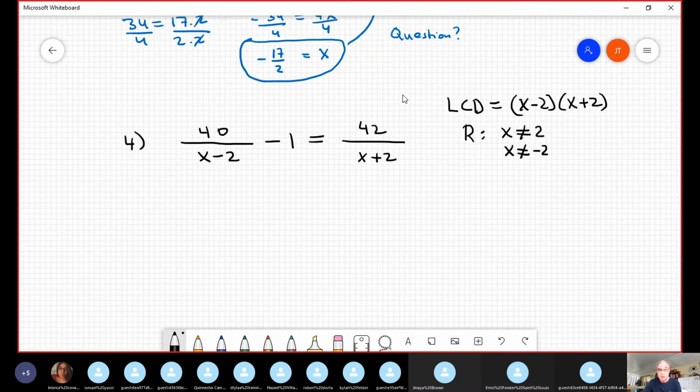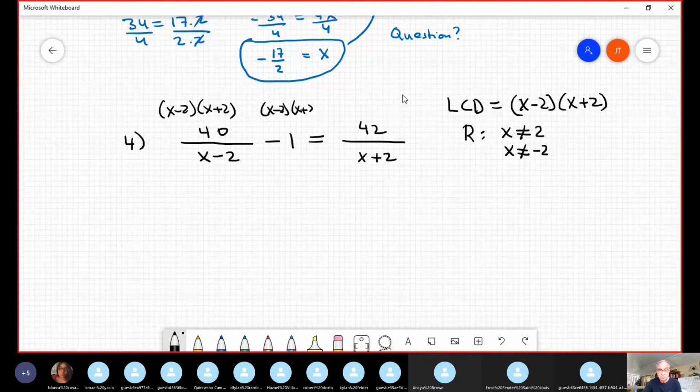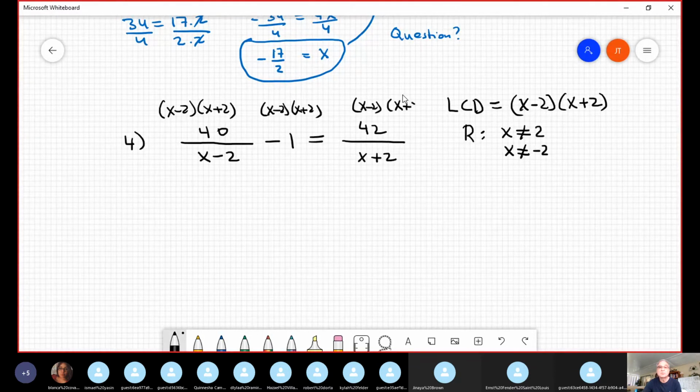After that, multiply the entire equation by the LCD, so it's x minus 2, x plus 2, on every term. Then x minus 2 is cancelled in the first, and it stays 40 times x plus 2.